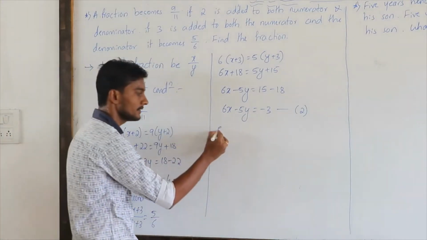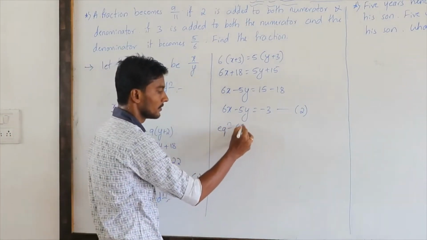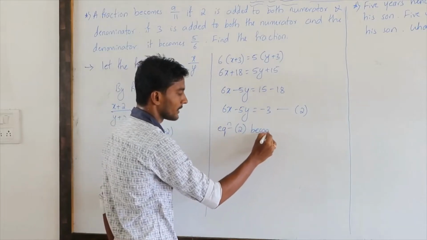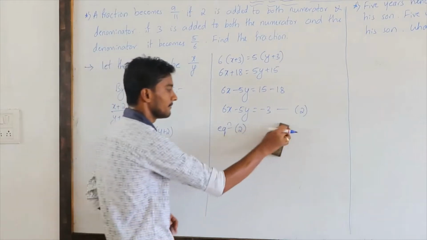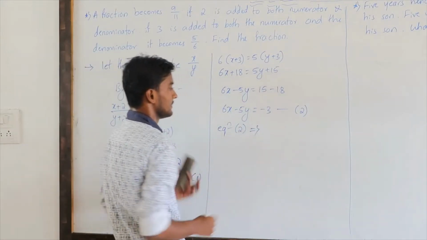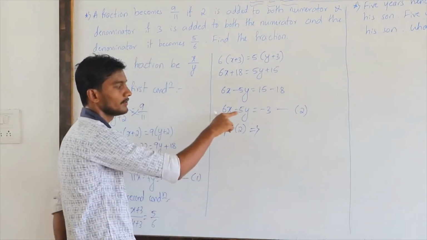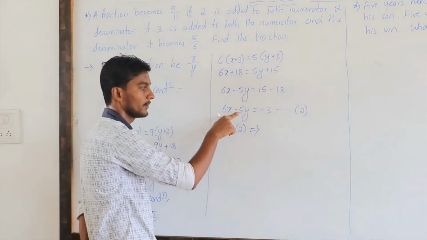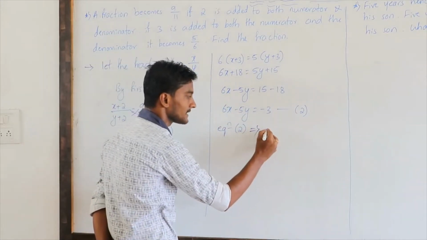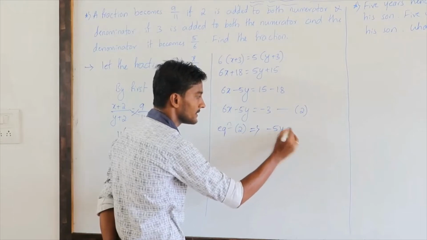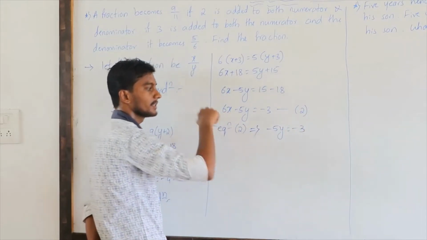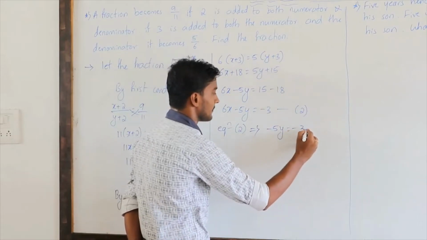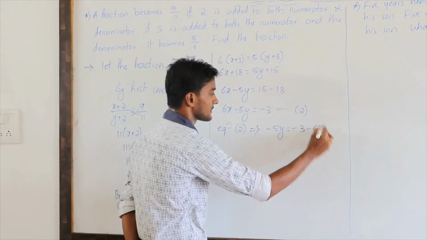So equation 2. In equation 2, which is the smaller coefficient? Minus 5y. So keep minus 5y as it is, equal to minus 3, and 6x if you take it to the right side, minus 6x.